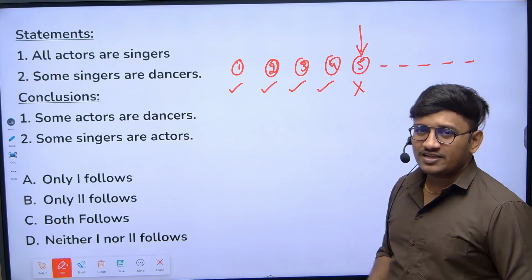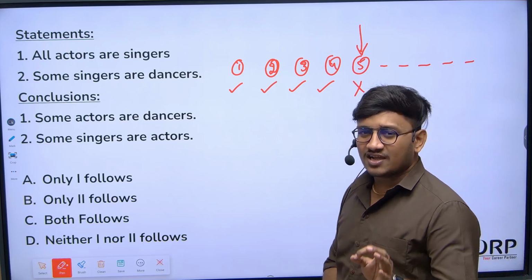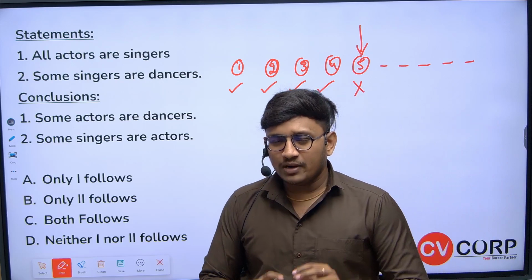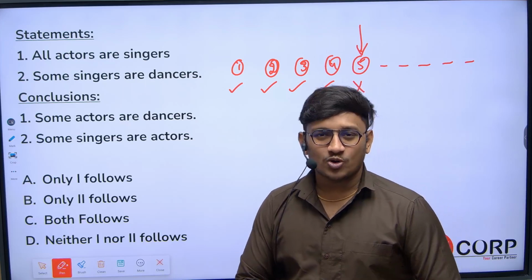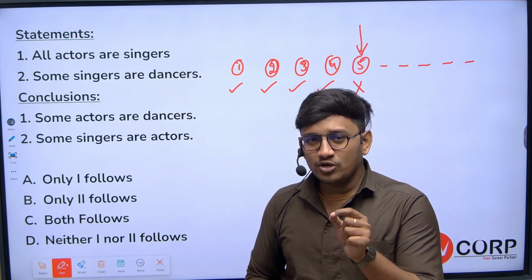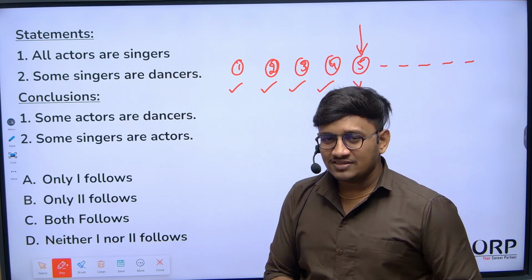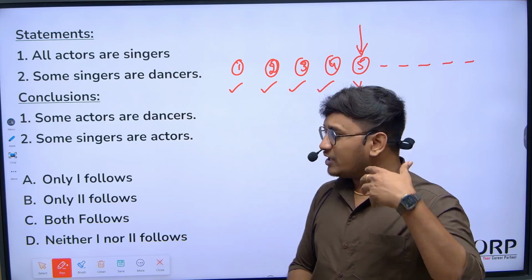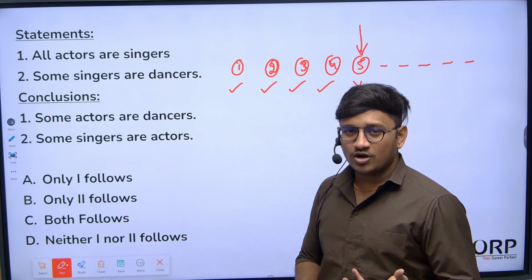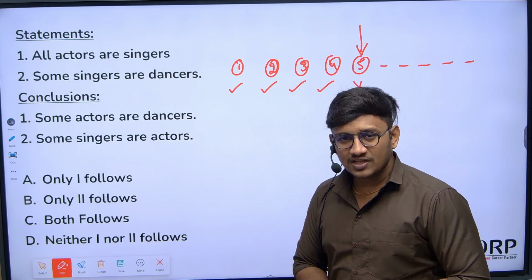Instead of checking whether the conclusion is correct, why can't you prove the conclusion is wrong? If you are able to prove that the conclusion is wrong, then the final decision is wrong. If you are not able to prove that the conclusion is wrong, obviously the conclusion is correct. So very simple.